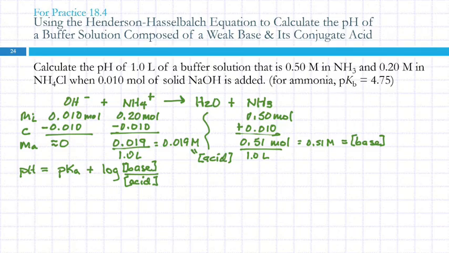They gave us pKb. Anybody thinking, well, why don't we just have a different form of this equation that uses pKb? You could make one. But how hard is it to change pKb into pKa? Not hard. 14 minus 4.75.